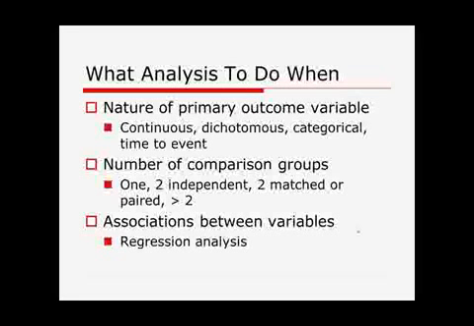We had people who were drinking less than one, greater than or equal to two. So that would be more than two comparison groups. And then we have to look at what's the question? Are we trying to look at association between lots of variables? That would fall into what we call regression analysis, and I'll get that to you.